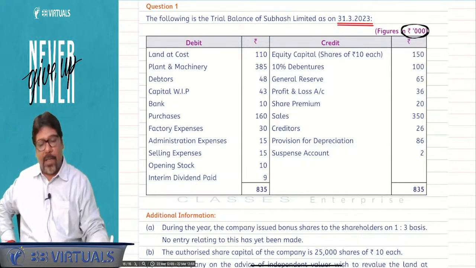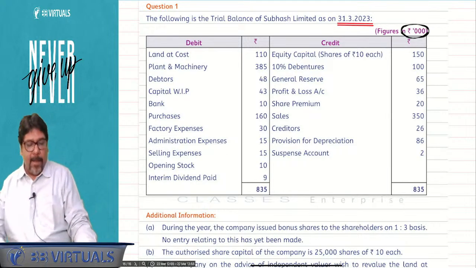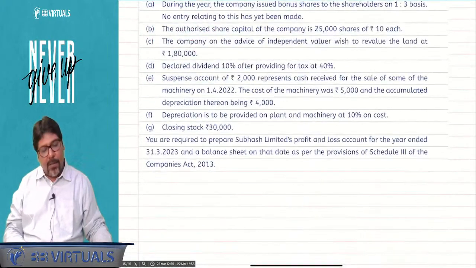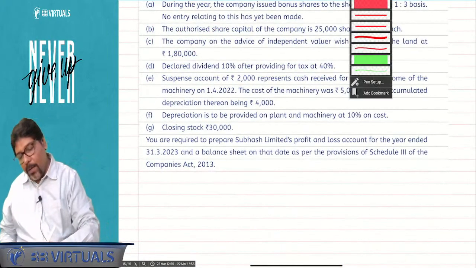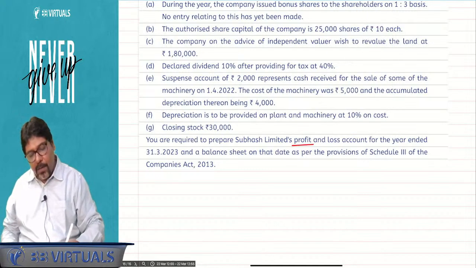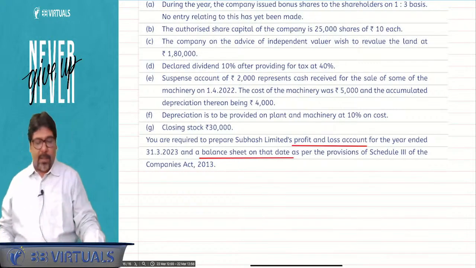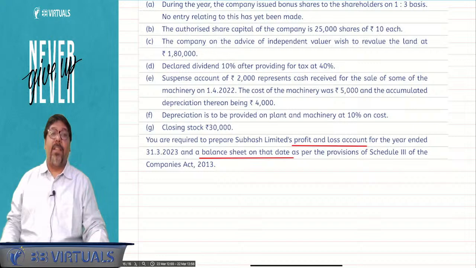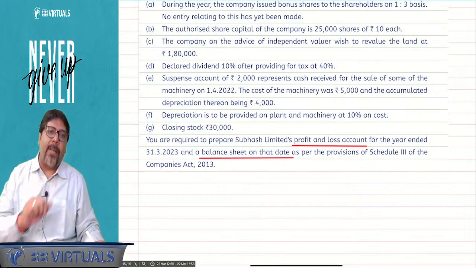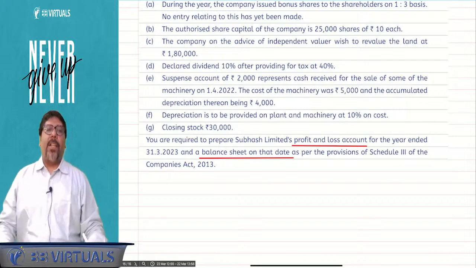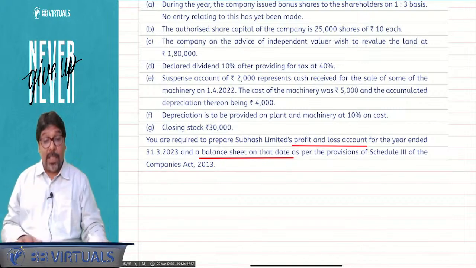You are supposed to prepare the profit and loss statement and the balance sheet as on that date, as per the provisions of Schedule III of Companies Act 2013. Am I clear?